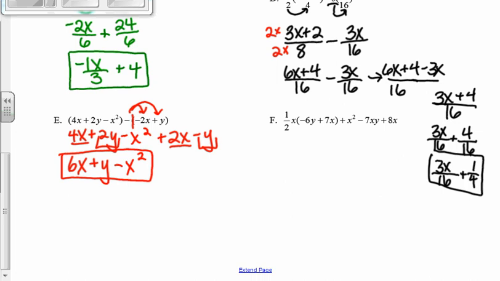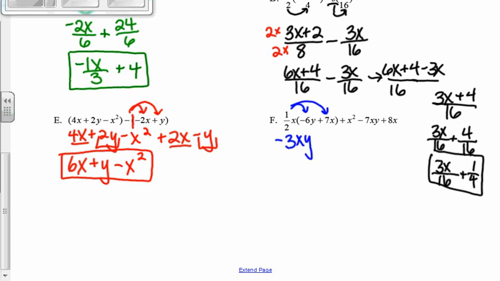And the last one here, start with parentheses, always thinking about that order of operations. So we're going to multiply this 1/2 x. So what we have to remember is we actually can multiply an x and y. So for example, when I do 1/2 x times a -6y, that's going to give me a -3, because 1/2 times -6 is -3xy.